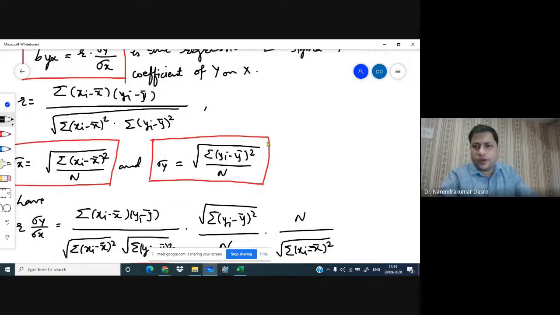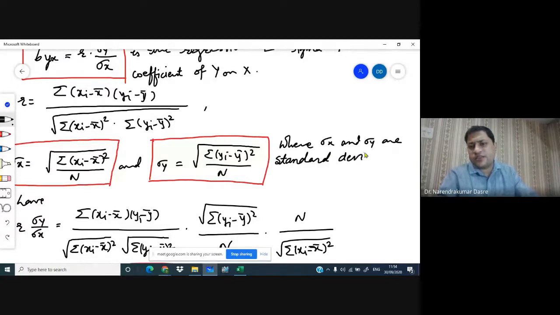So I hope you are familiar with the standard deviations, where sigma x and sigma y are standard deviations of x and y respectively.